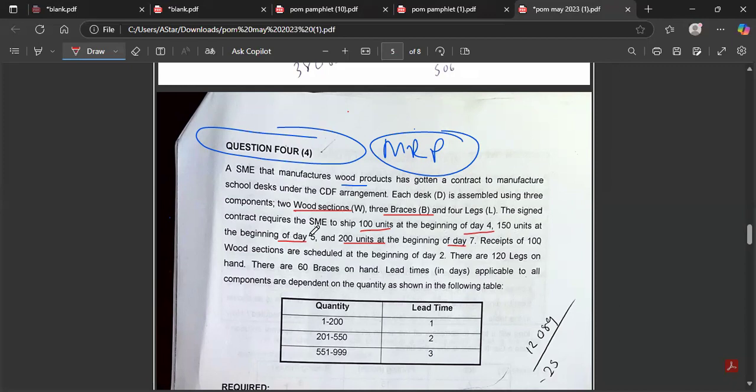How many? 100 at the beginning of day 4, 100 units. Then 150 units, day 5, and 200 units, day 7. So this is what we have.